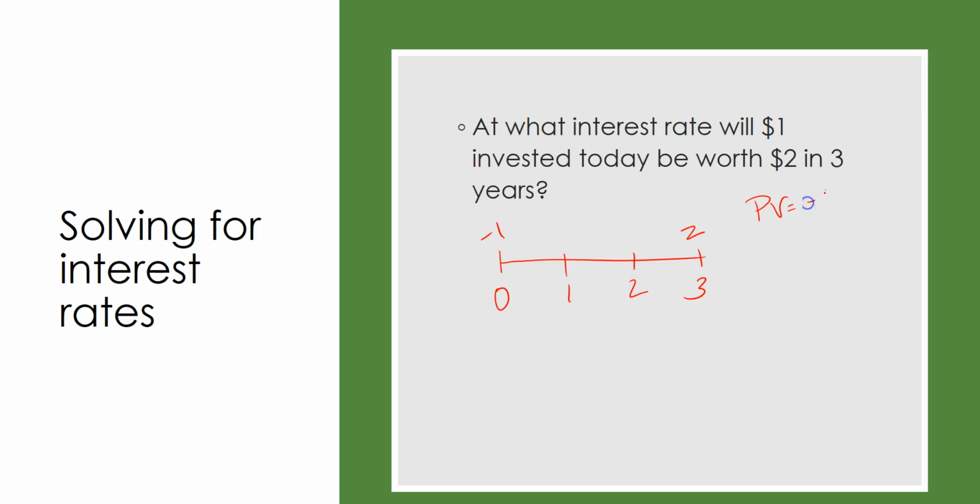So we know that we have $100 available for investing today, and we know that we're going to be needing twice that amount in 3 years. And we want to solve for our rate. What rate do we have to find to make that happen?